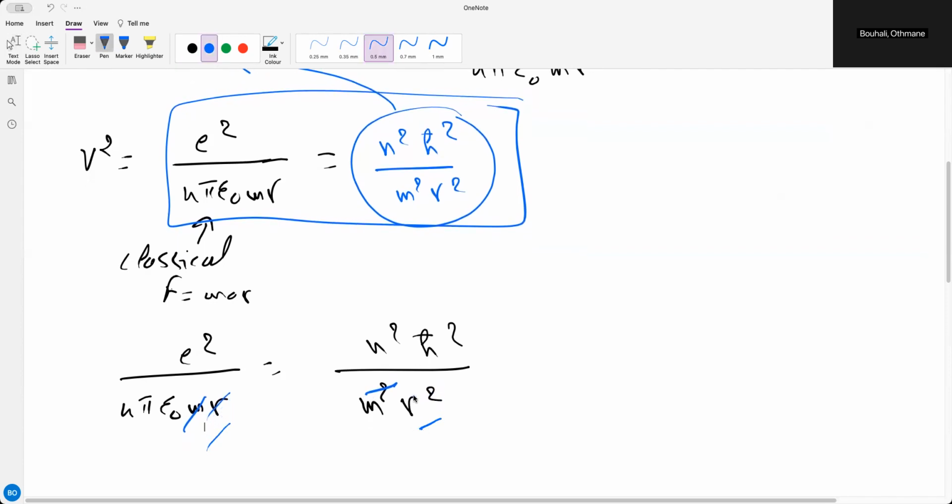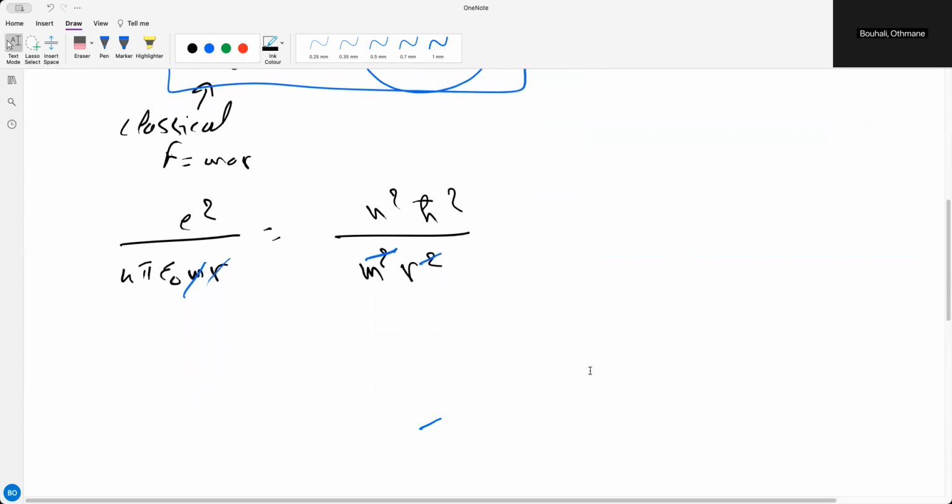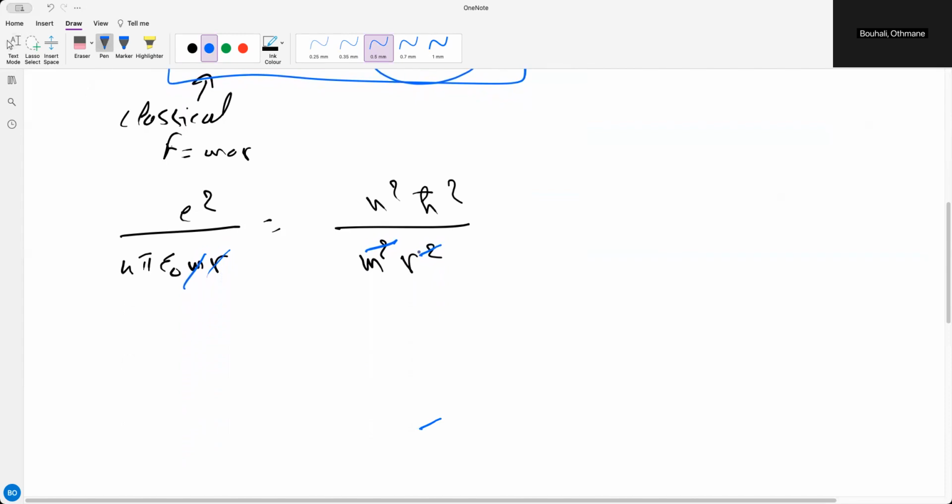And I can isolate the radius. The radius will be equal to n squared times 4 pi epsilon 0 h bar squared over m, the mass of the electron, and e squared.